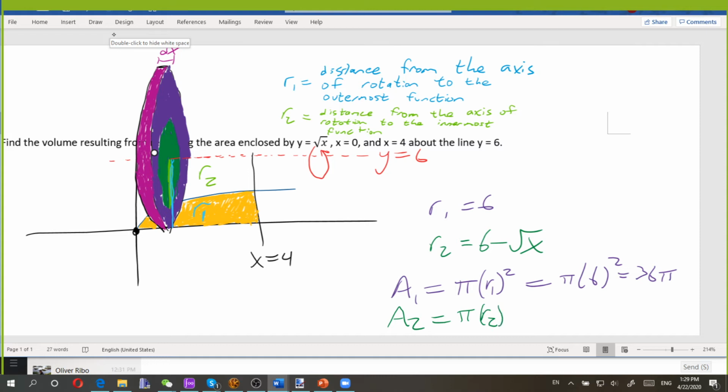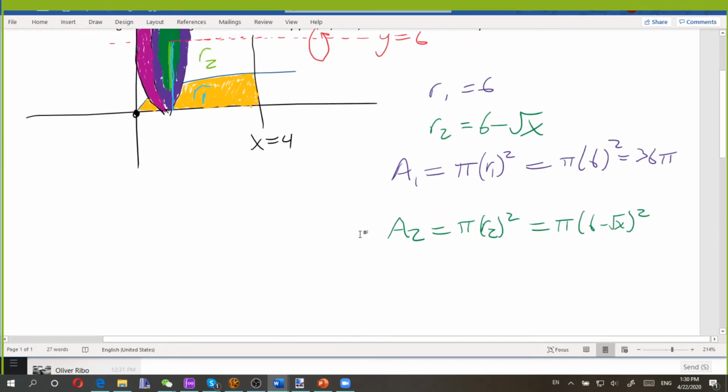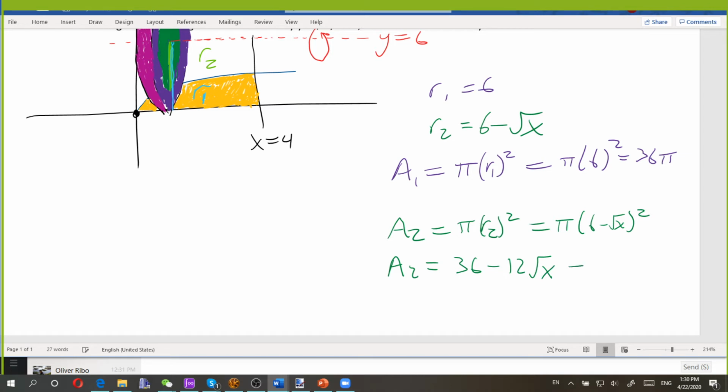What happens if I square this? 36 minus 12 root x plus x. Perfect.